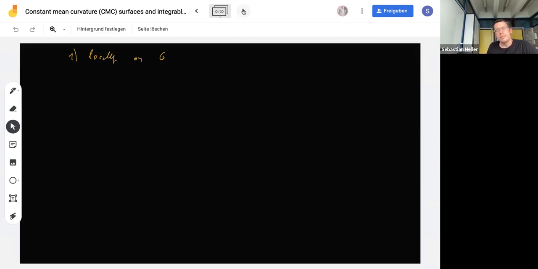So it's always true that you locally can find lifts. So locally on maybe simply connected subsets, U alpha subset C, there exist lifts of the section.